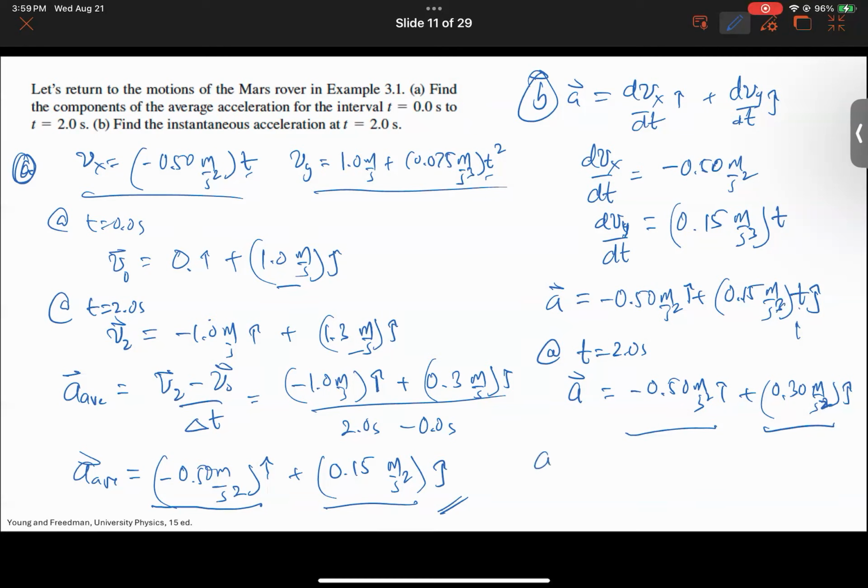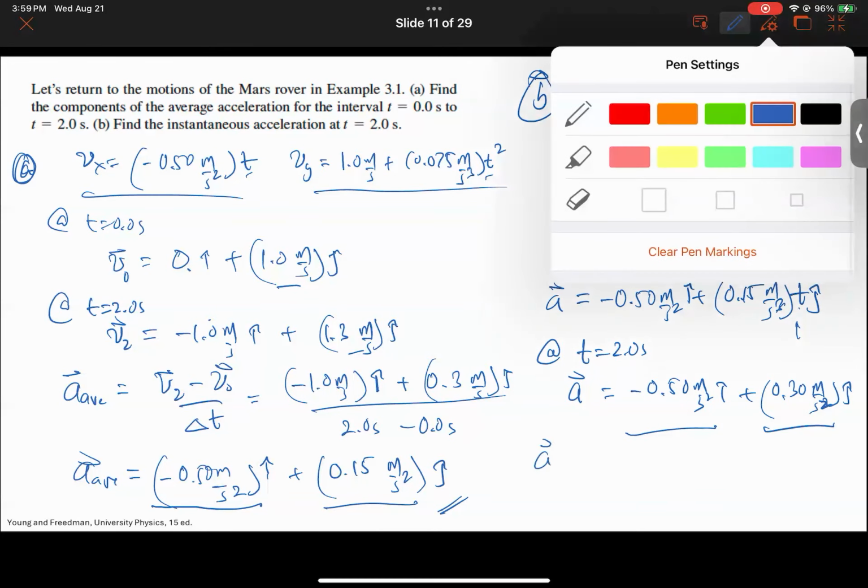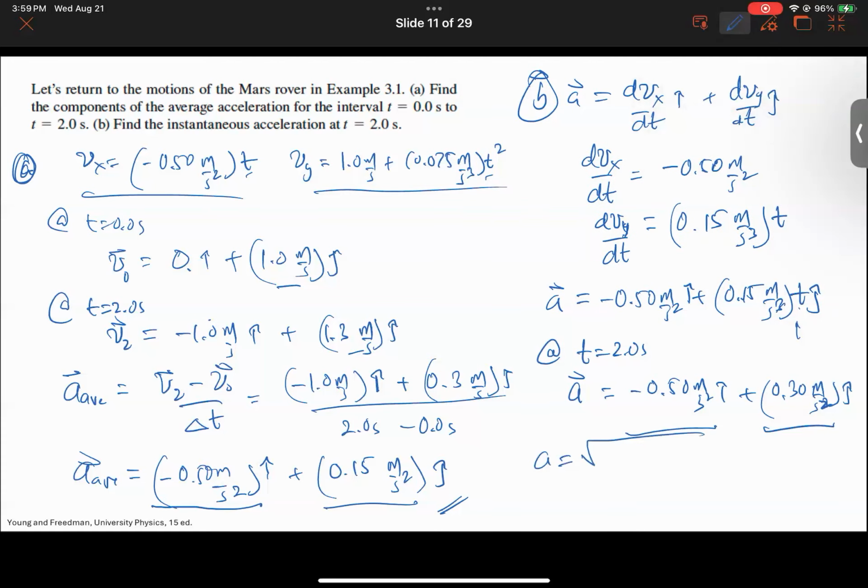Yung magnitude nito ngayon is given by square root ng negative 0.50 meters per second squared squared plus 0.30 meters per second squared squared.